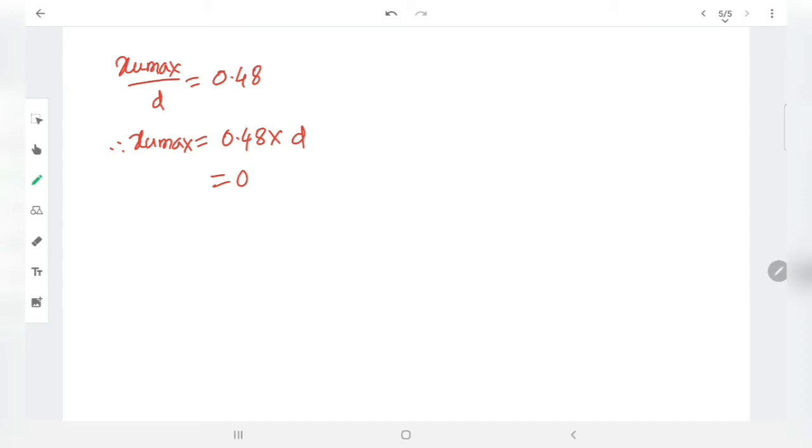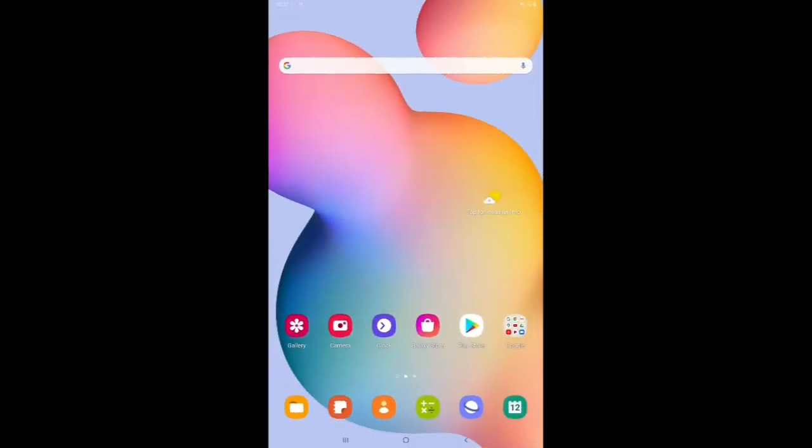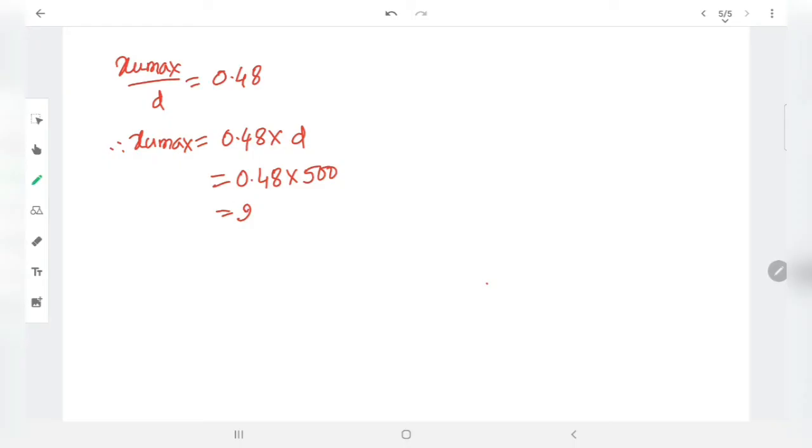So I will use 0.48 into 500. This will be equal to how much? 240 mm. This is the value of XU max.